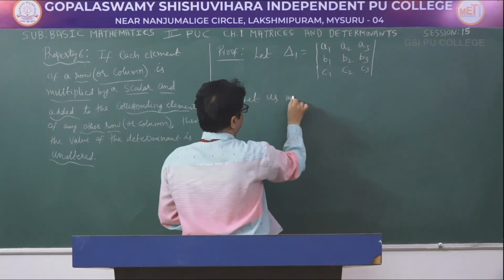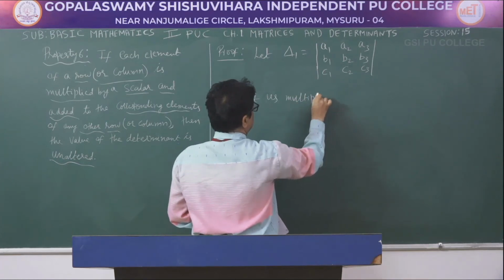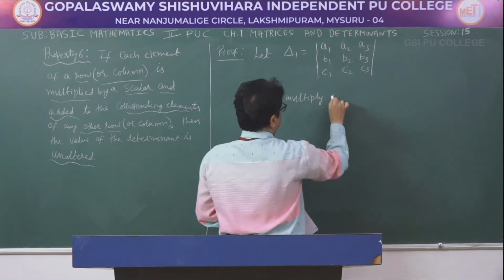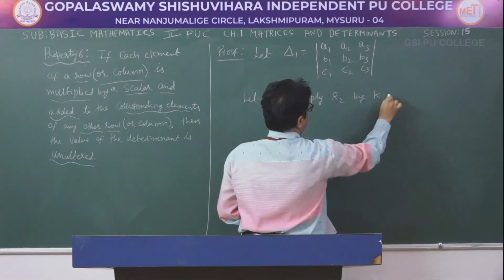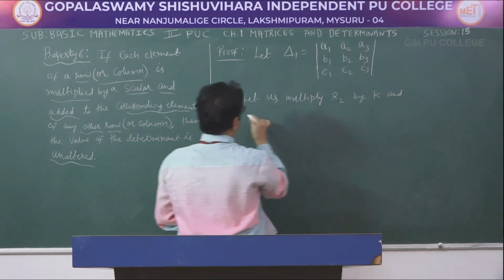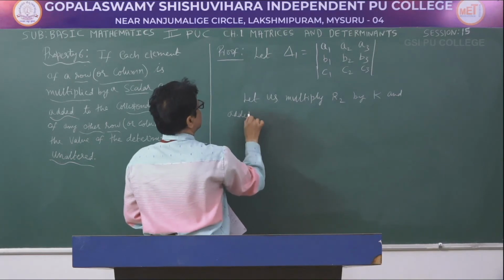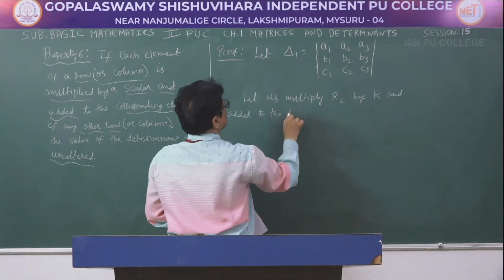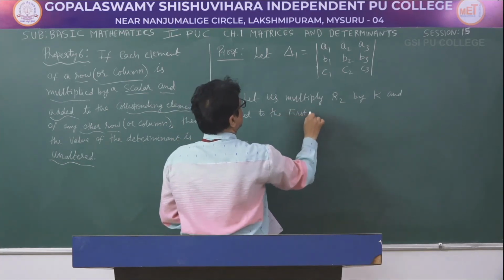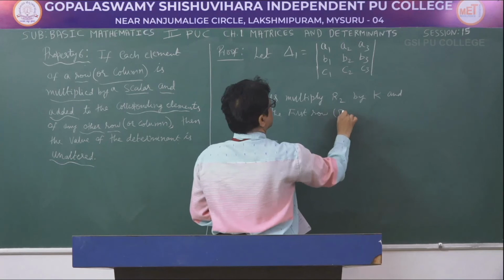Let us multiply R2, that is the second row, by k and add it to the first row, that is R1.